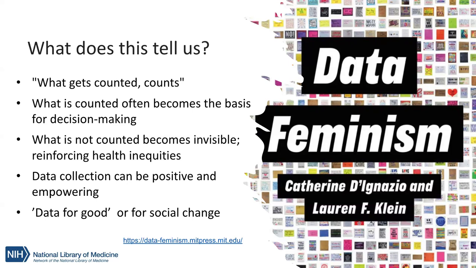So this idea of what gets counted counts. And as we saw in the last slide, what is counted often becomes the basis for decision making. So if you're not included in that data, maybe you become invisible when it comes to the actions that are taken or sort of the decisions that are made with collected data.